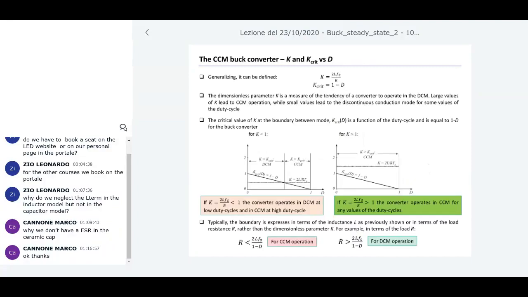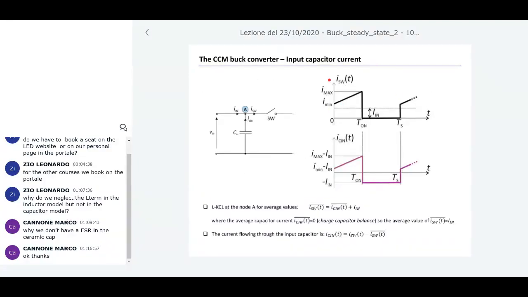This is the current flowing through the MOSFET, the switch current, which is like the inductor current when the MOSFET is on, and is 0 when the MOSFET is off. So here we have the turn on, and here we have the turn off.